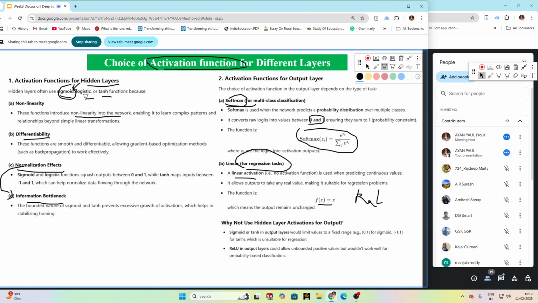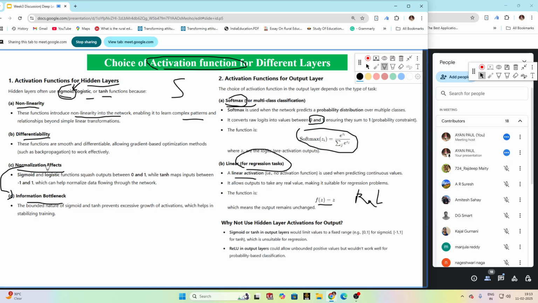For the hidden layer we generally use the logistic function or tanh function because of these points I have just discussed. Because whenever you apply the logistic and tanh function, one thing is non-linearity will be introduced in the output, so it will help to understand more complex patterns from the input. Second thing is differentiability, because these are all sigmoid functions, S-shaped curves, so it is differentiable at all points.